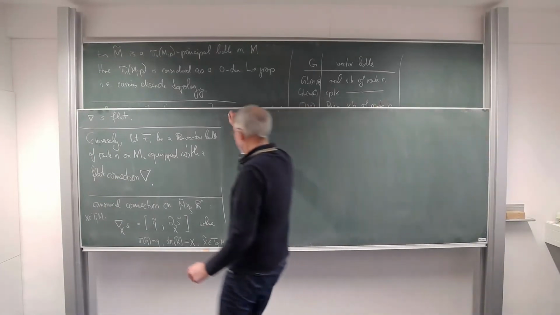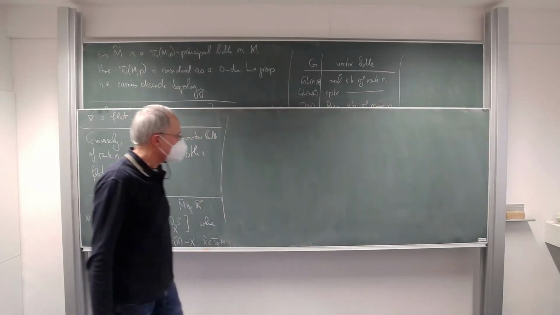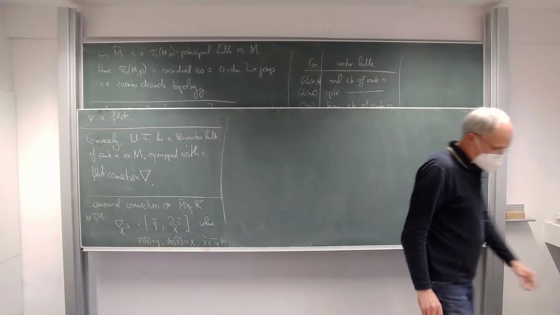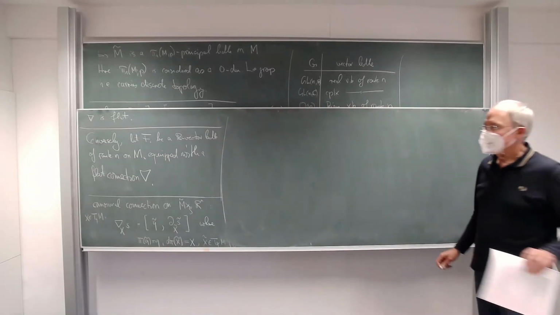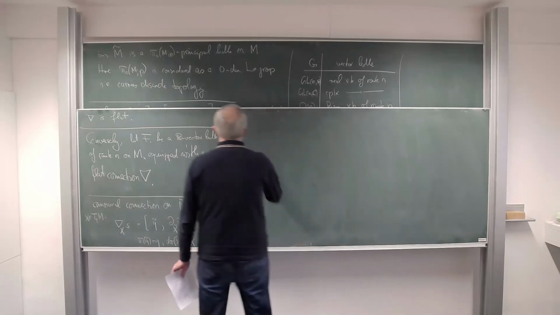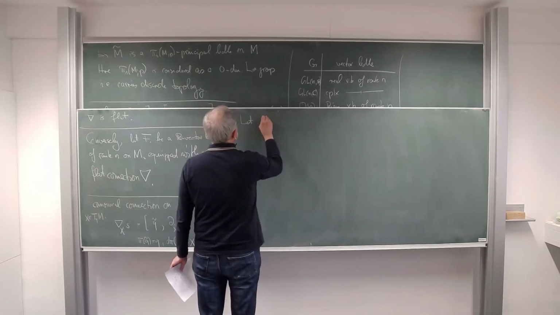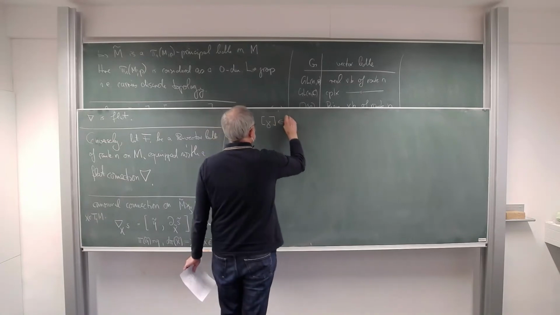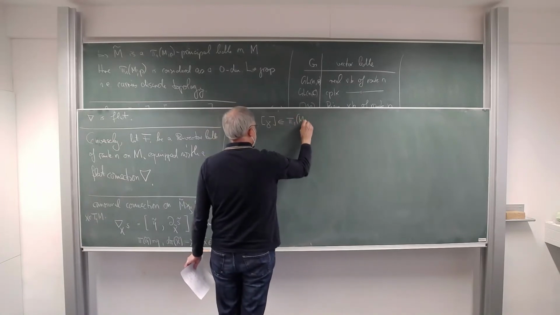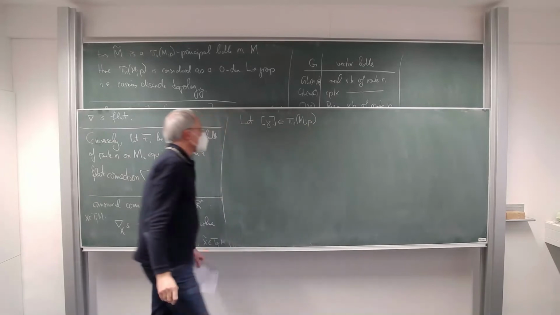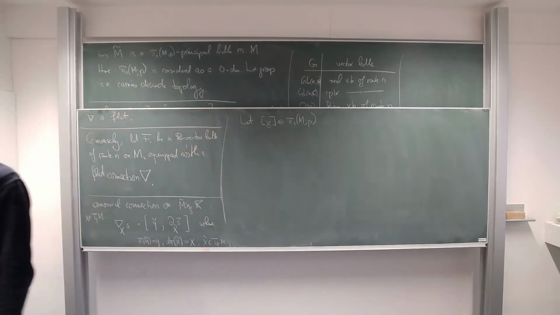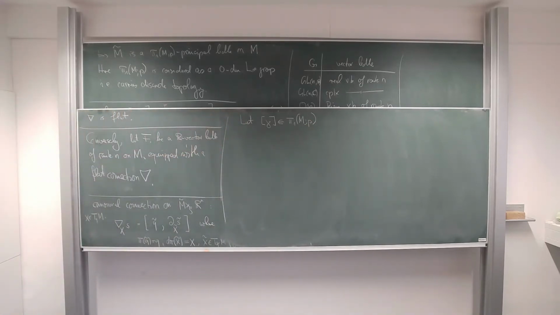And well, what can I do? There's actually only one thing that comes to one's mind. So let gamma represent a homotopy class phi1. I always assume that the gamma is smooth, or at least piecewise smooth.